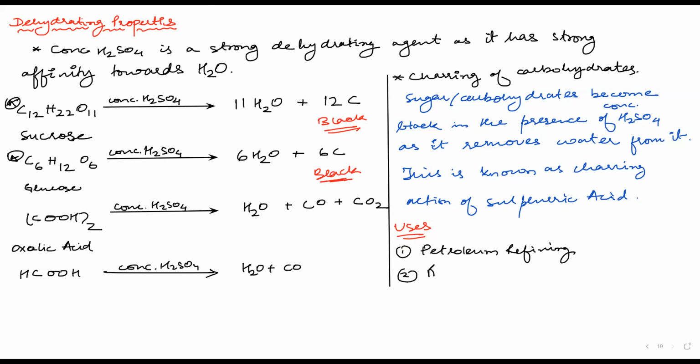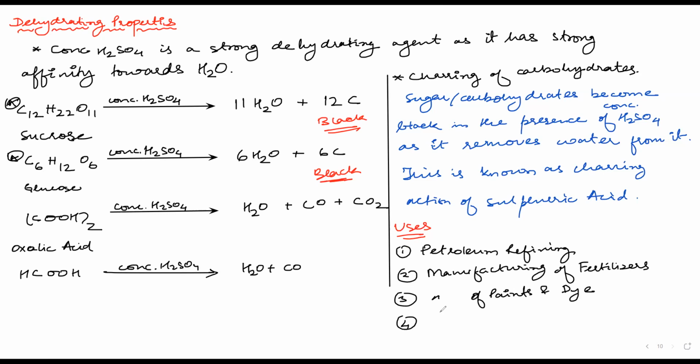It is also used in manufacturing of fertilizers. Third, it is used in manufacturing of paints and dye. As an oxidizing agent, it is also used. Three uses, that is enough.